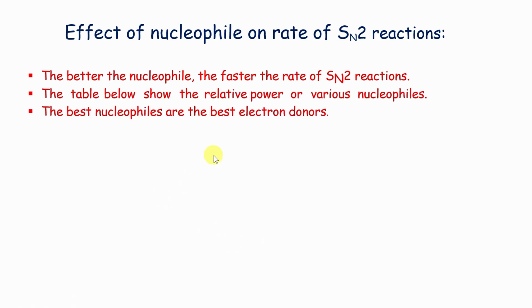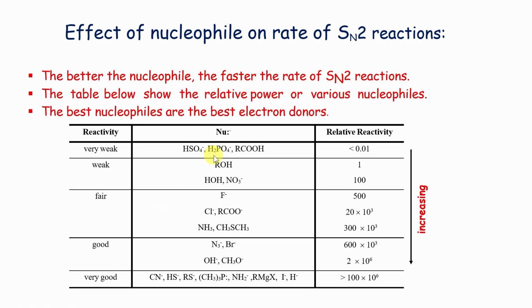See, the table shows which are weak nucleophiles and which are good nucleophiles. Bisulfate ion, dihydrogen phosphate ion, and carboxylic acid are very weak nucleophiles.